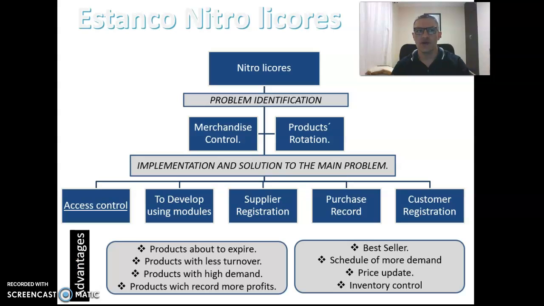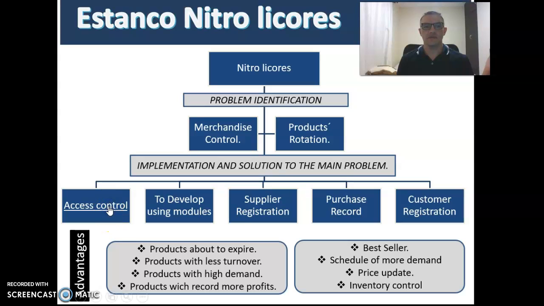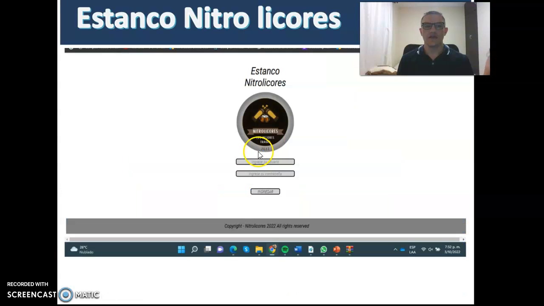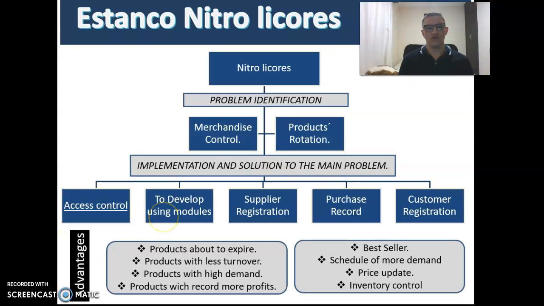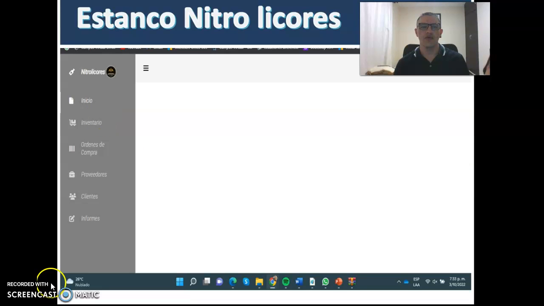For this problem, we gave the following solution. A system with access control, in this case Nitrolicores' case, with user and password. It is also developed using modules. This is our module.